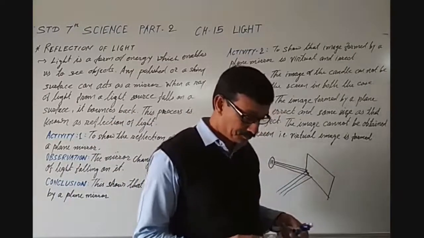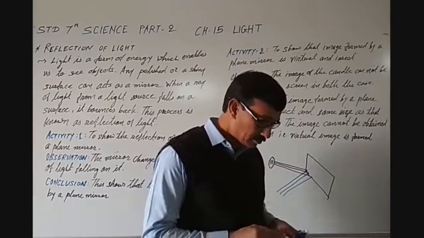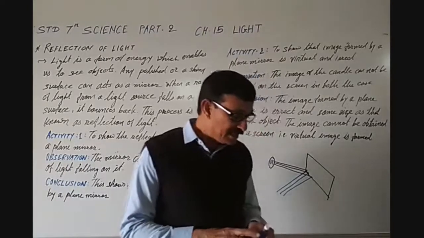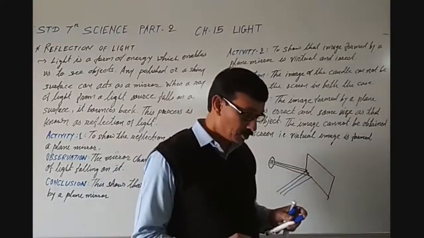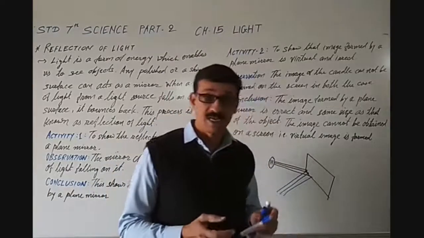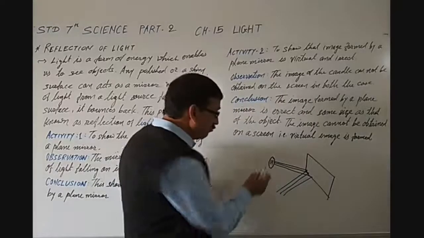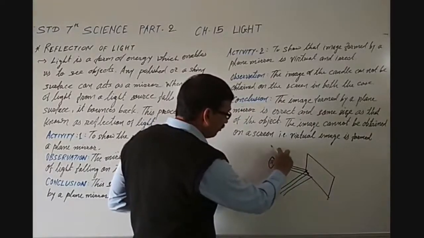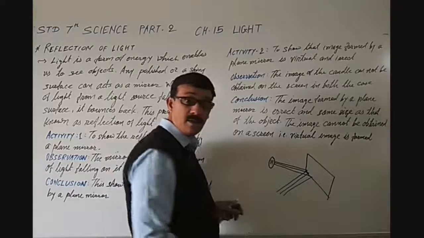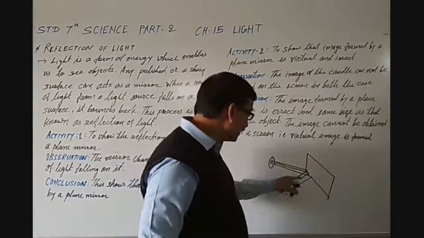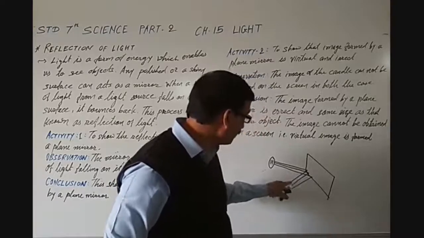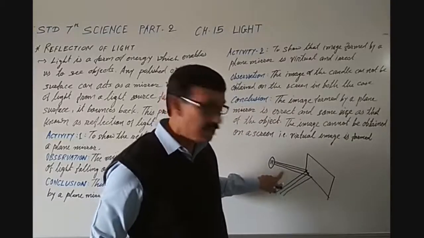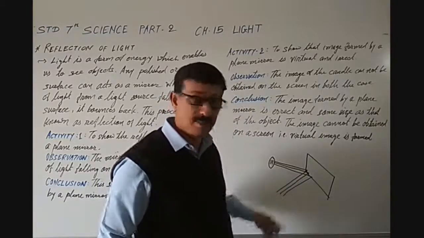Second thing, do you find any change in the direction of reflected light? Okay. Now move the torch slightly. So now if we move the torch from here to somewhere over here, then the direction of this, see, this is the main light, this is the reflected light.